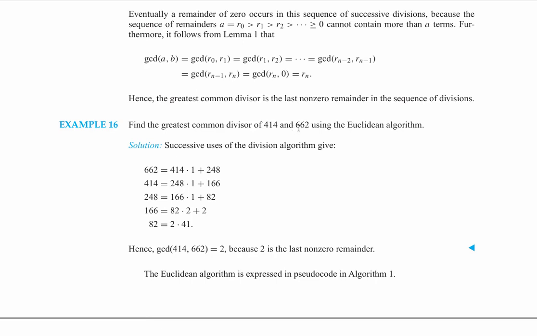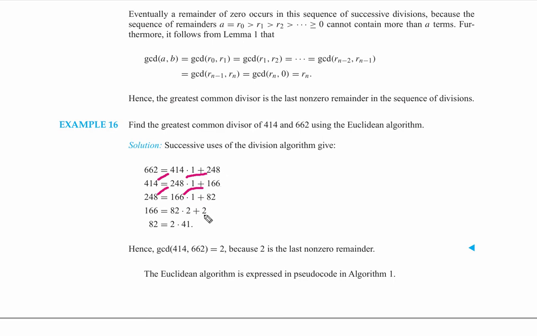Okay, so we just divide 662 by 414. It goes in once, remainder 248. Then divide 414 by 248. It just goes in once, remainder 166. And now divide 248 by 166, remainder 82.